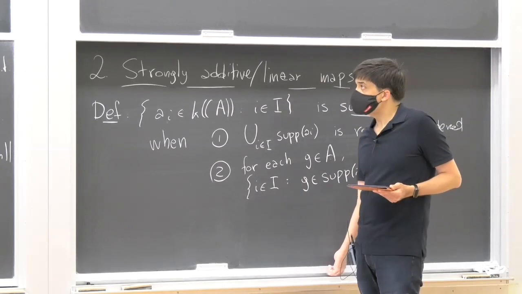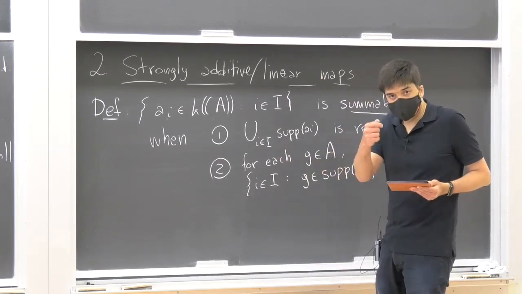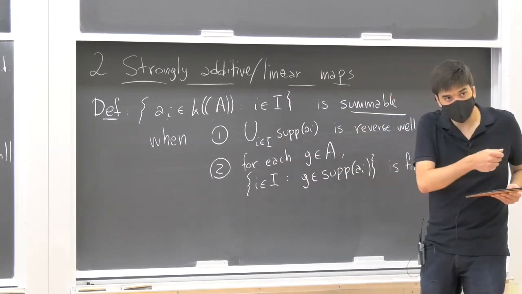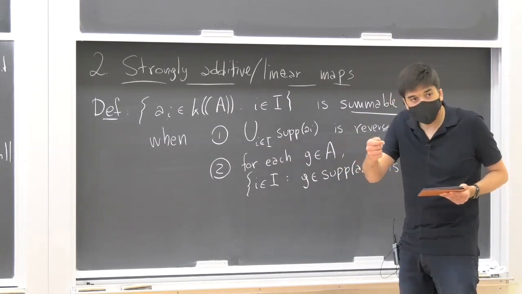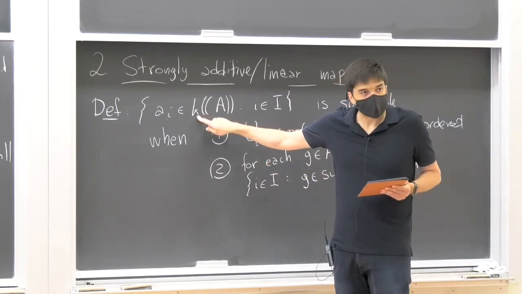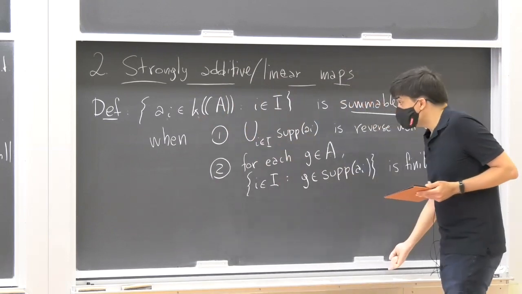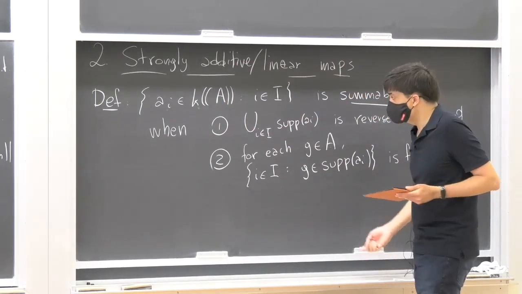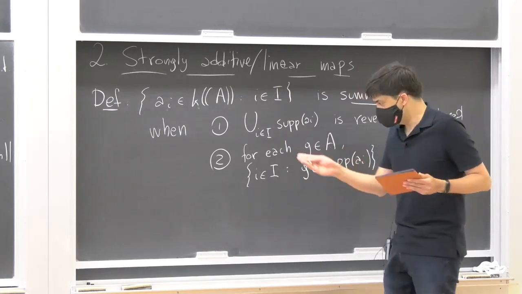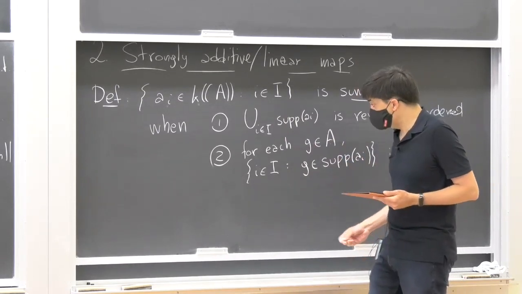Because the idea is I'm doing this coefficient by coefficient, term by term, and if the same monomial g appears infinitely many times, then I'm going to try to sum infinitely many coefficients. But nobody tells me I can do infinite sums in small k. k is just an abstract field, and if you do the reals, then you can do convergence, but that's not what we want to do in this setting.